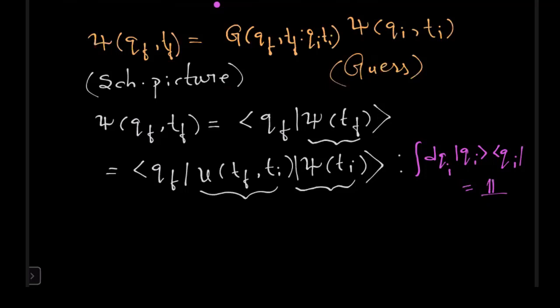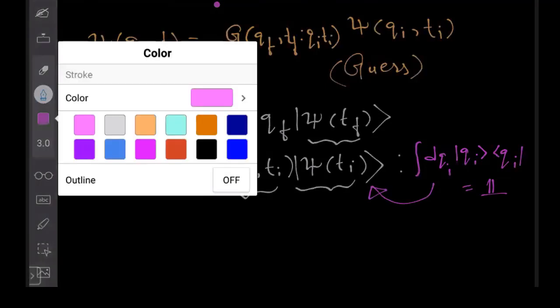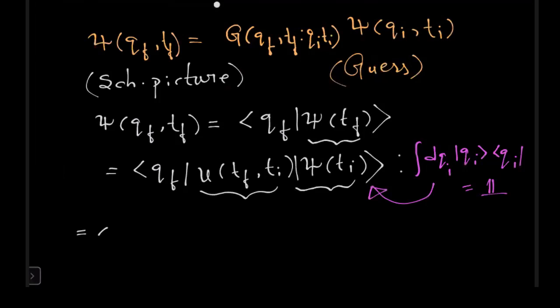This is a very interesting relation that we are going to use, and we'll see the physical meaning of introducing it in this expression. So let's do it. We have <qf| here, keep the time evolution operator here, and then introduce |qi> and <qi|.